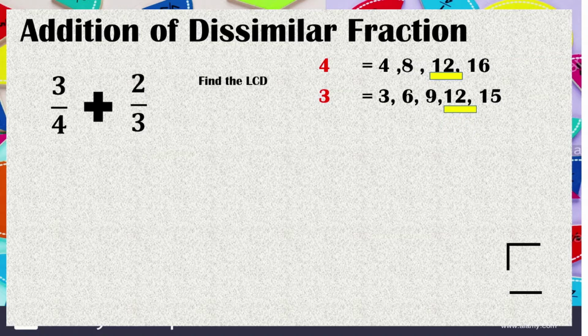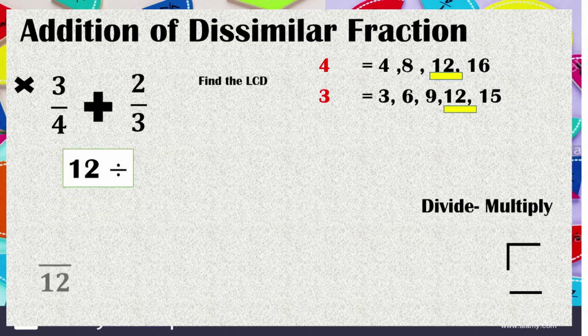Okay, so again, gagamitin natin ang 12 as the new denominator. Okay? Ayan. So meron na tayong bagong denominator. Saan galing ang bagong denominator? Dito po yan. Kinuha natin yung LCD ng 4 at 3.